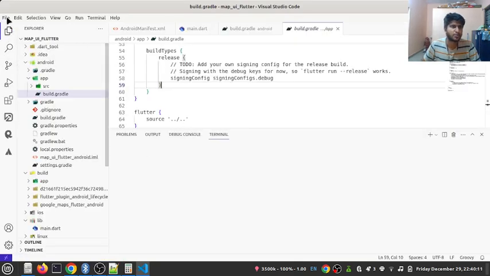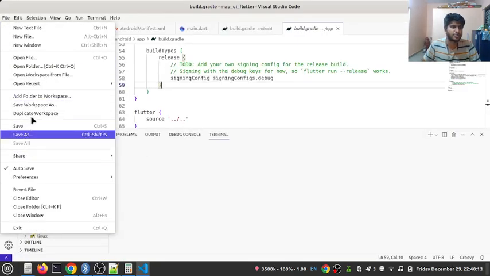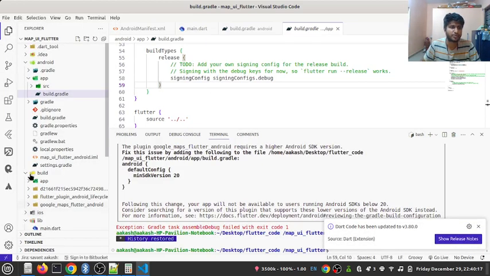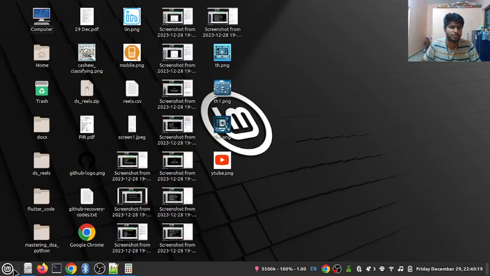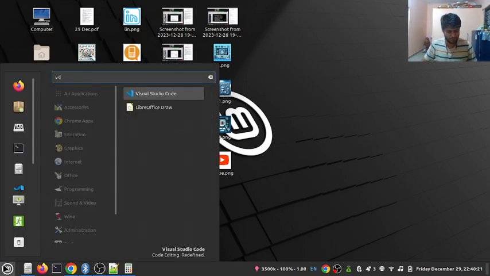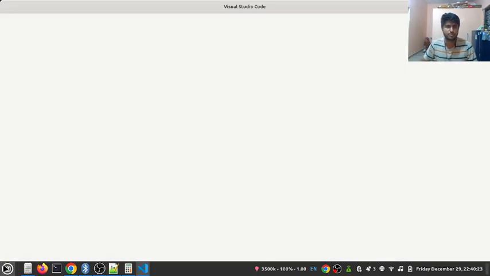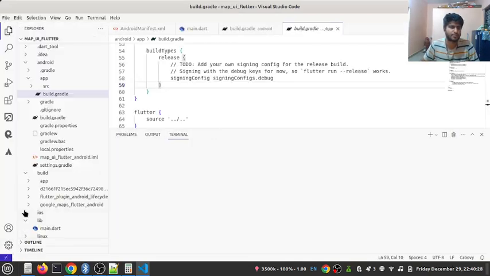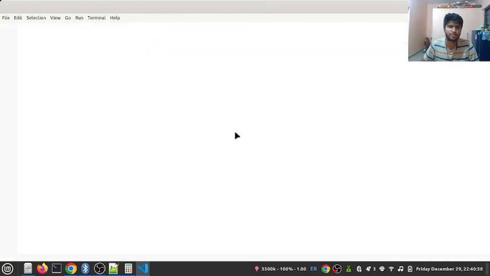Okay, so we'll just close this project, close this window. VS Code, close this folder.